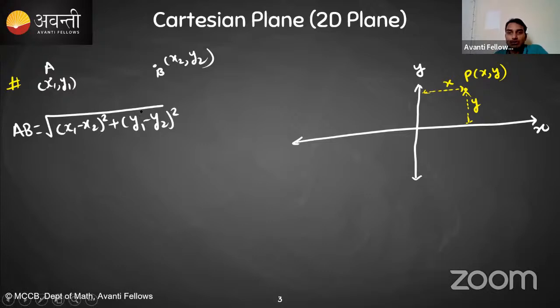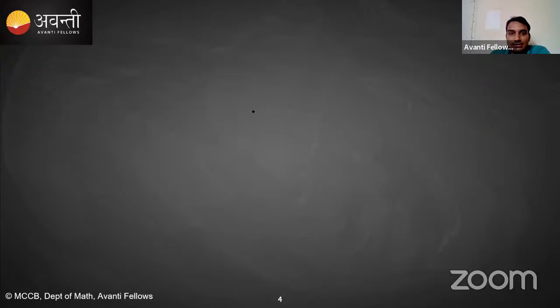Also, one thing you note is that this is the 2D plane, the 2D Cartesian xy plane, which is only in 2D. Suppose this is the complete board.